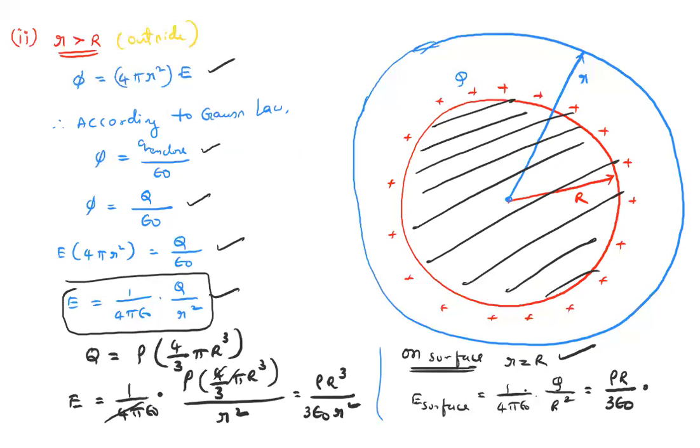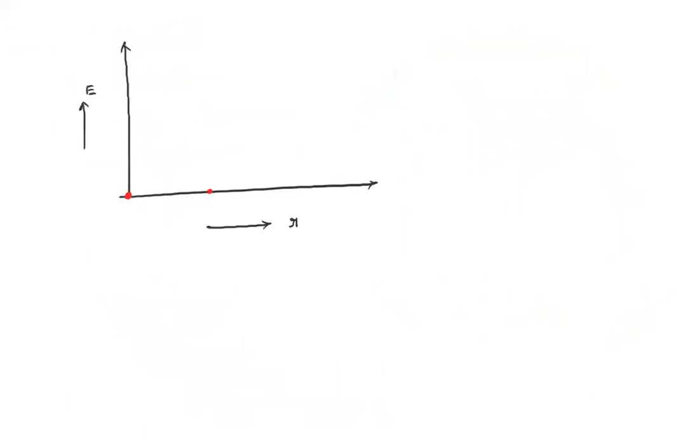Then, if you draw a graph of the variation of E with distance: for an inside point, as I just told you, it is directly proportional to r. For an outside point, it is inversely proportional to r square. The electric field at the center is 0. Electric field intensity increases linearly till small r is equal to capital R, where it is on the surface, and the electric field intensity on the surface is maximum.